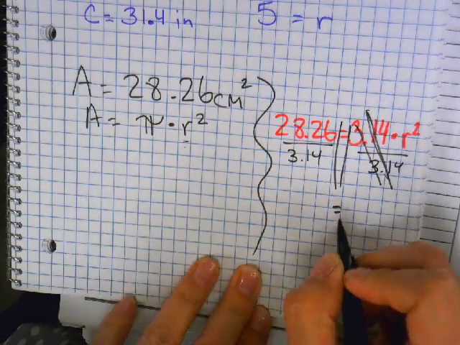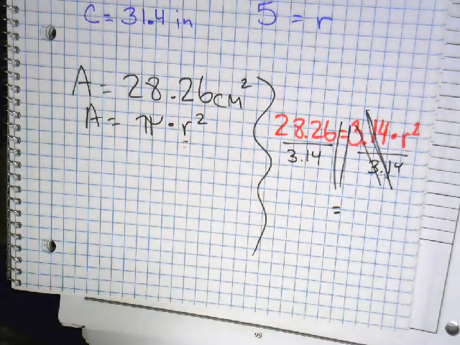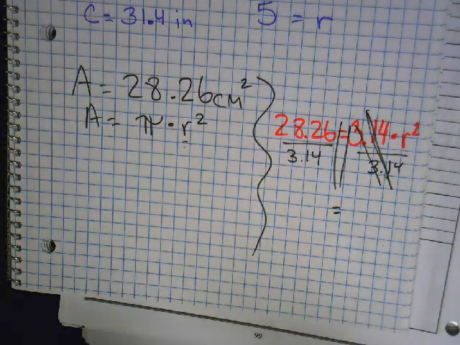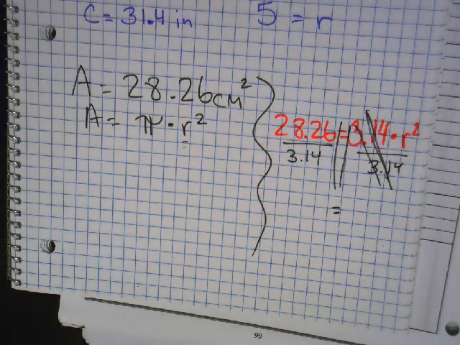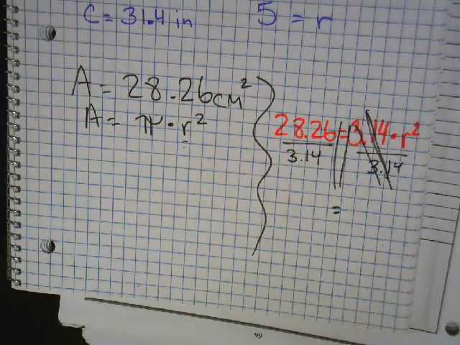What's 7 times 3? 21. Okay. I'm looking for something closer to 28. 9 times 3? 27. Well, that's pretty close. And you're right, it is 9.